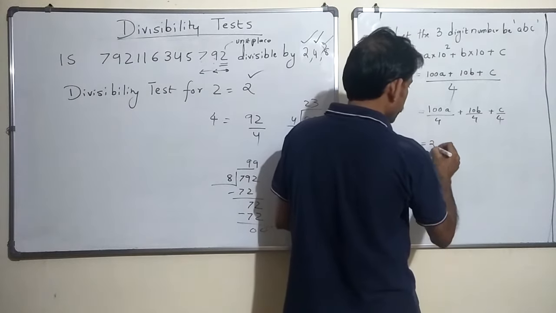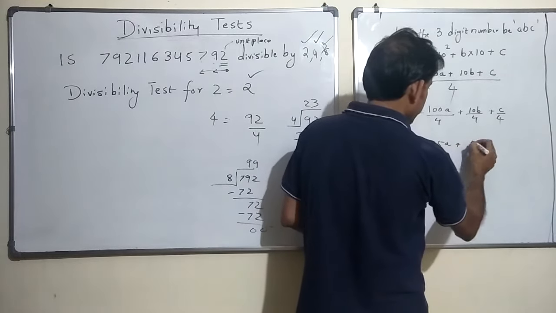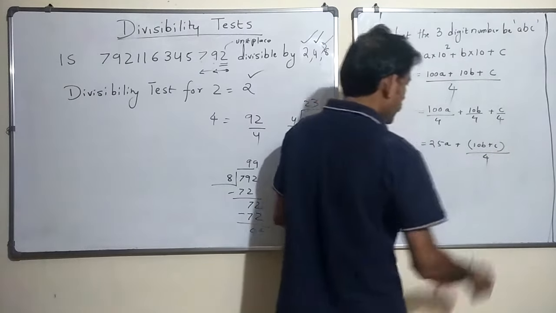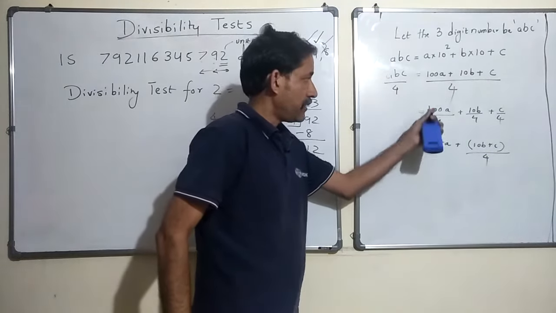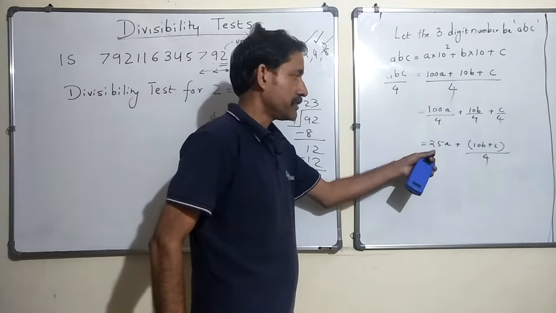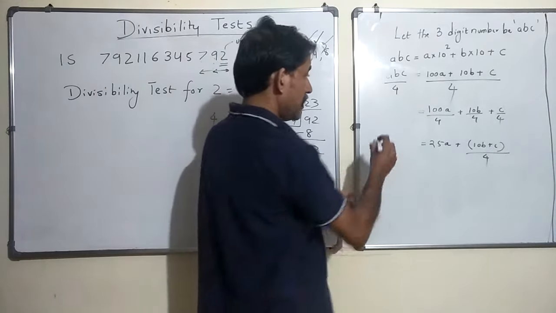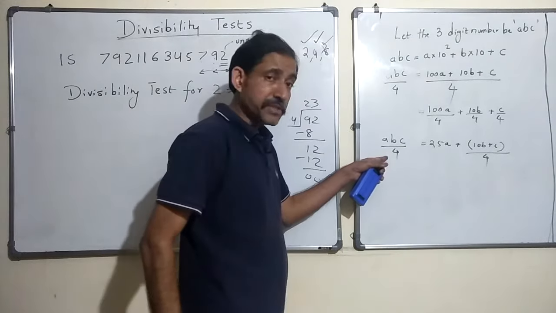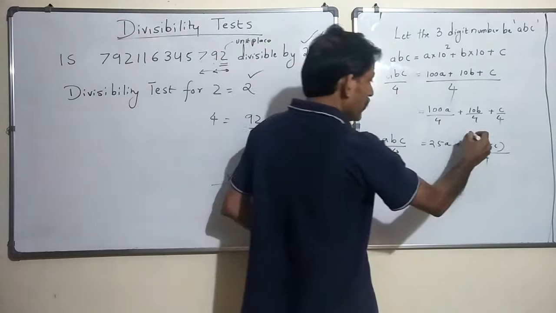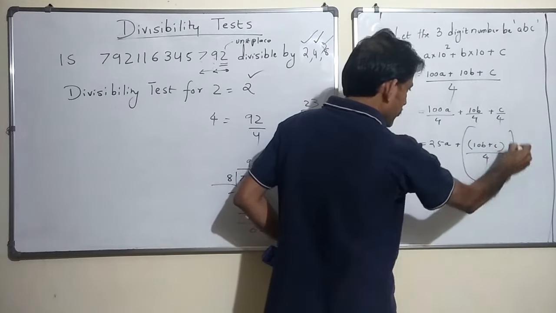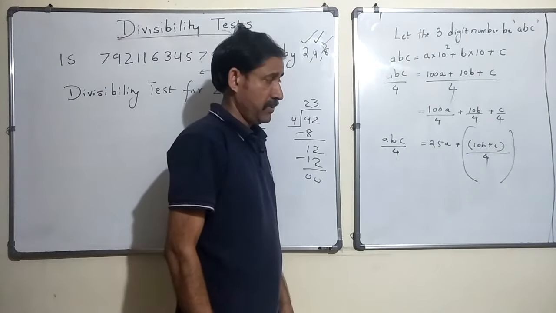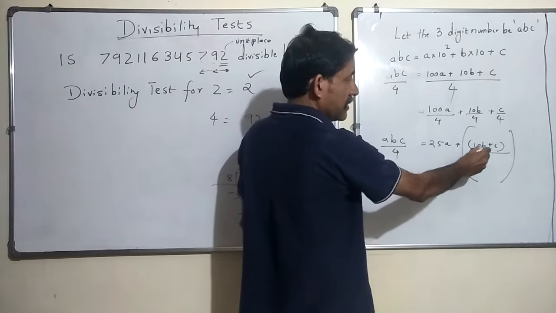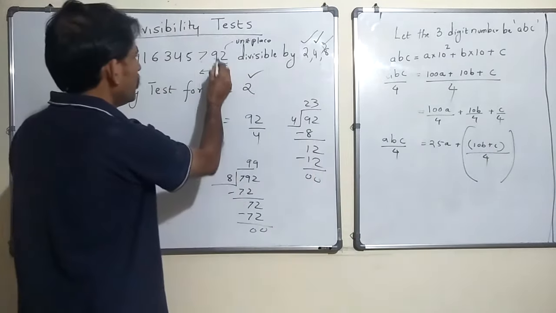Now this becomes 25A plus (10B plus C) by 4. 100 by 4 becomes 25. So this is fine. So this 3-digit number is divisible by 4 completely only if this is divisible by 4, right? And this is nothing but the number formed by the last 2 digits.